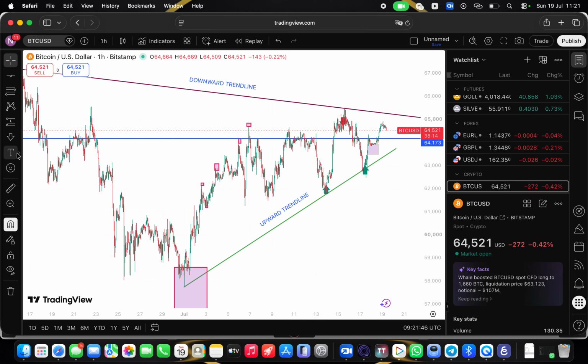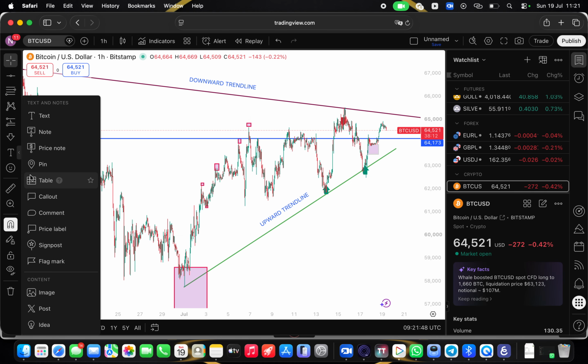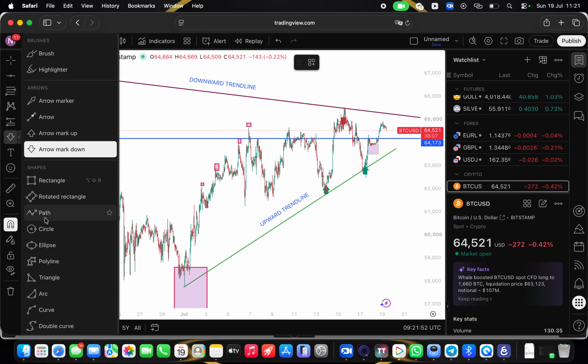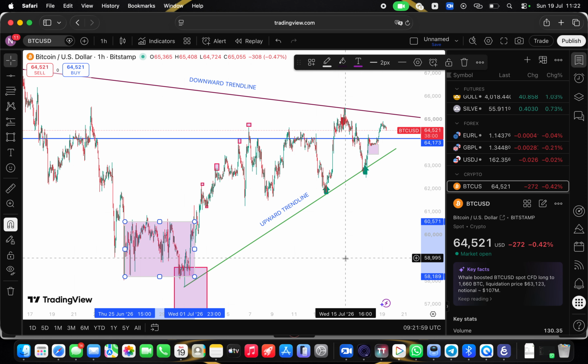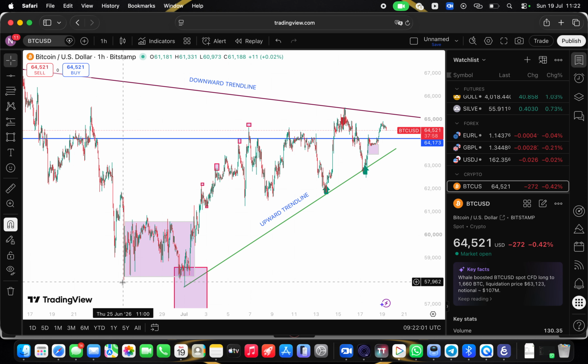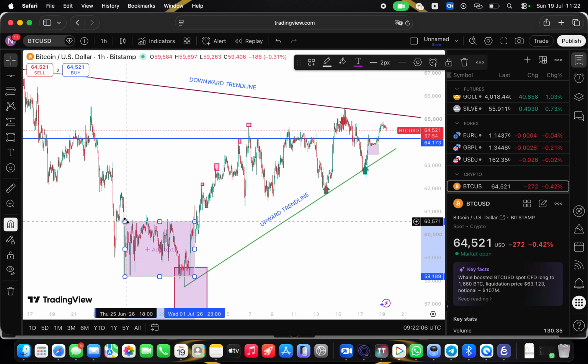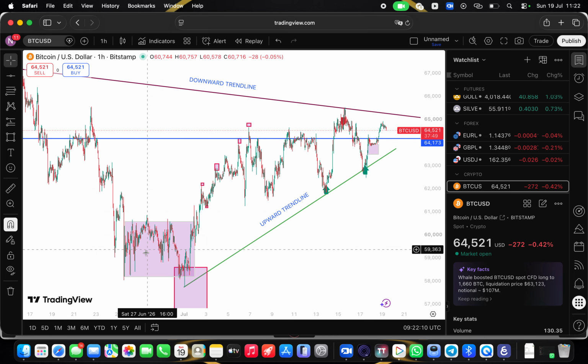I can get myself a triangle, or a rectangle, I mean, and then I make sure that with every touch of my rectangle, I'll be taking buys underneath, and with every touch of my rectangle, I'll be taking sells over here. This is more like a consolidating zone. Okay, so that's all about it.